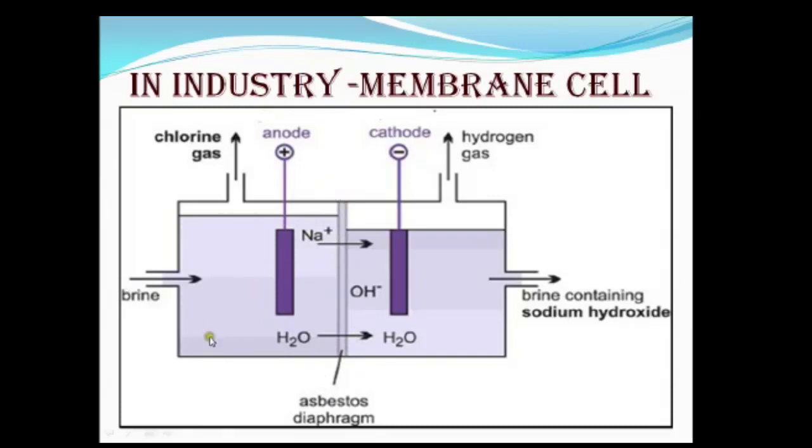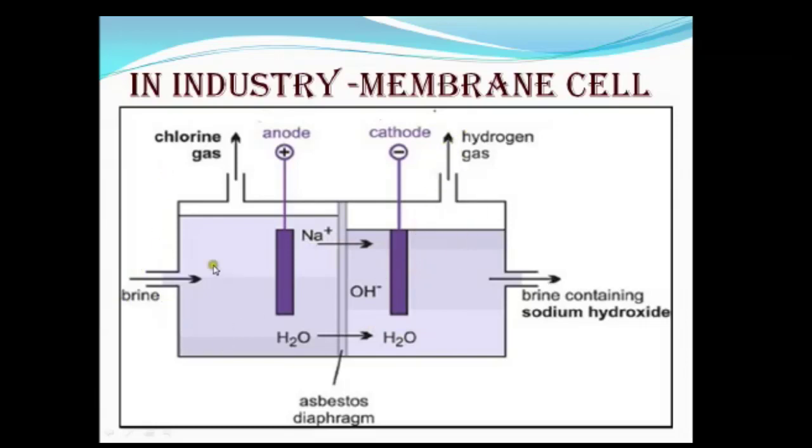From this solution of brine, only the sodium ions, which are the positive ions, are going to get transferred to the other chamber, that is, towards the cathode, and here it is the solution containing sodium hydroxide. When sodium ions are transferred to this cathode, the hydrogen gas is going to be liberated out here.